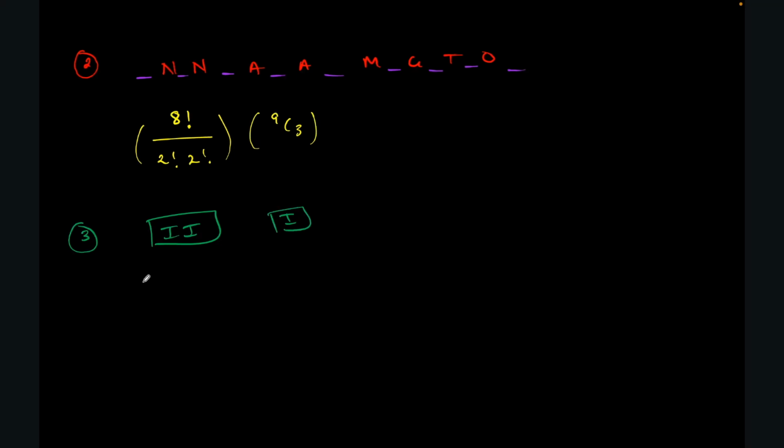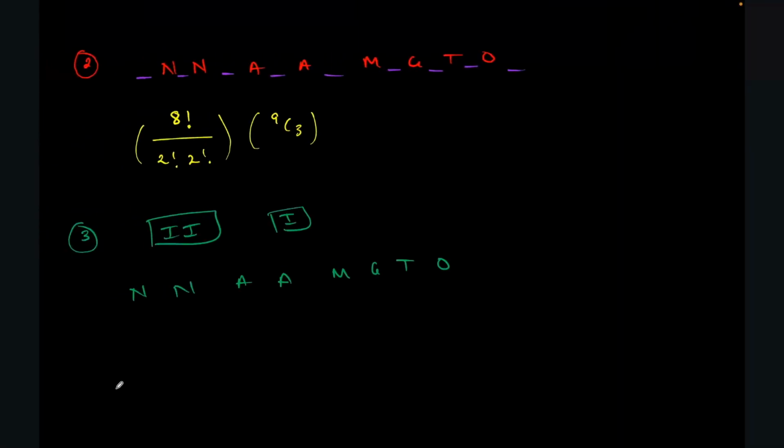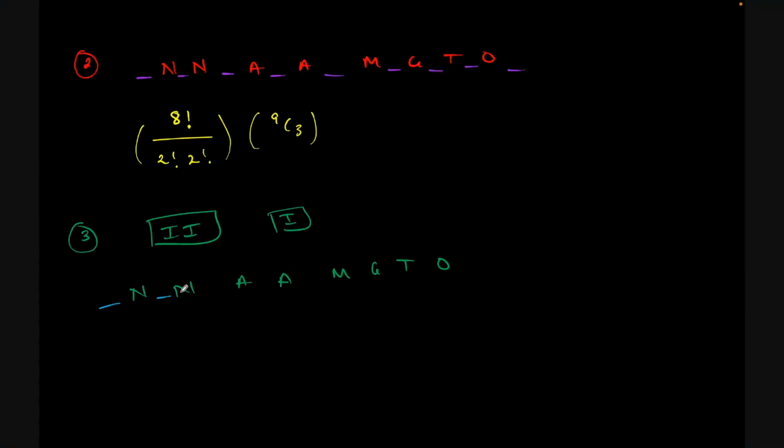Let's list out the letters again: N, A, M, G, T, and O. I'll change the color to blue for the empty spaces. Note that in these spaces I'm going to fit the 2 I's as well, so these spaces are basically for entities. Let's say this goes in this, and this goes in this.